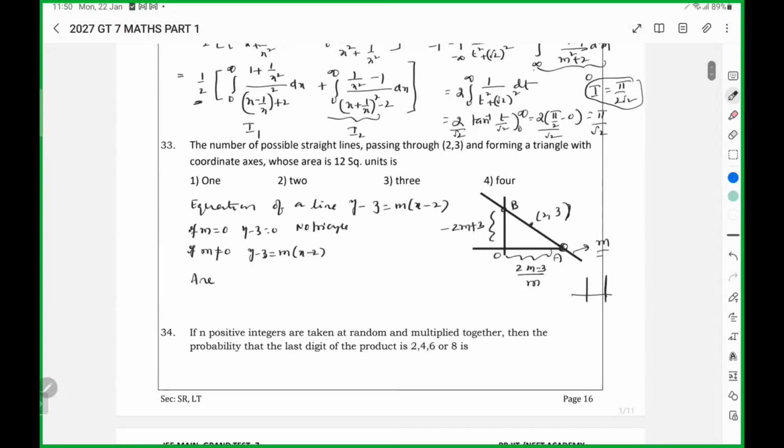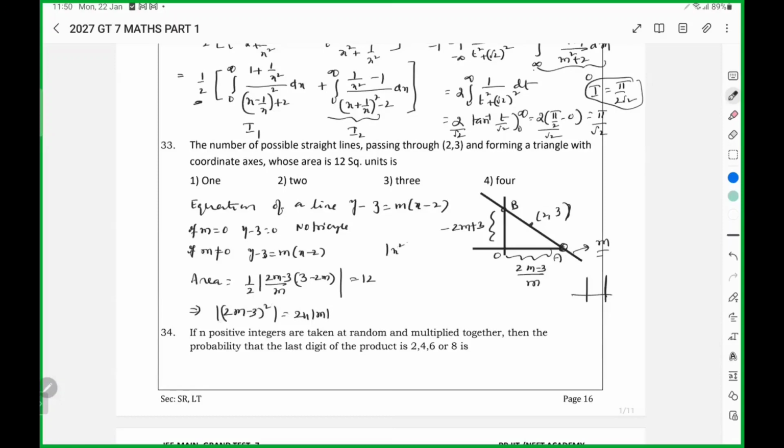So the area will be half x-intercept into y-intercept, which is equal to 12. 2m minus 3 whole square by m in modulus. With the modulus of the square, you don't have any problem. Directly you can remove the modulus.